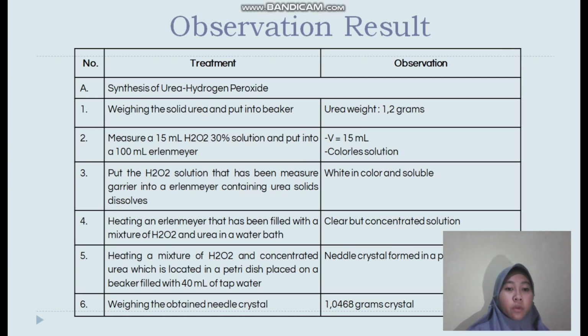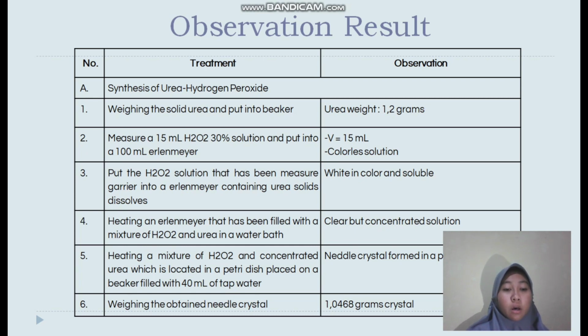The synthesis of urea hydrogen peroxide. Weigh the solid urea and put it in a beaker. Urea weight: 2 grams. Measure 15 ml of H2O2 solution and put it in a beaker.